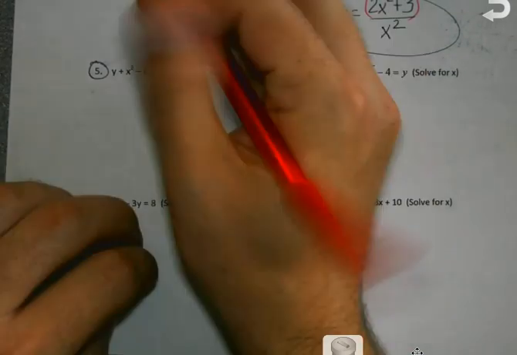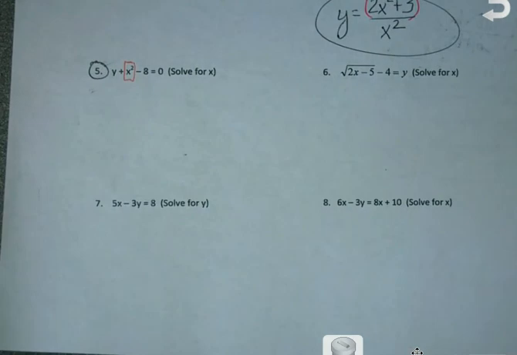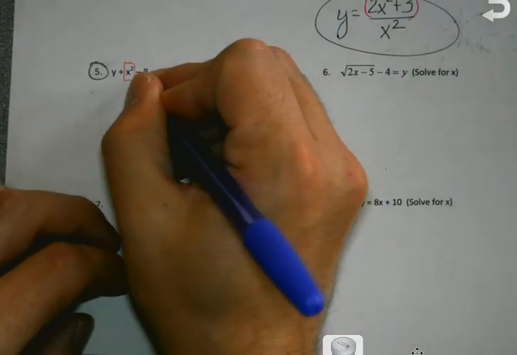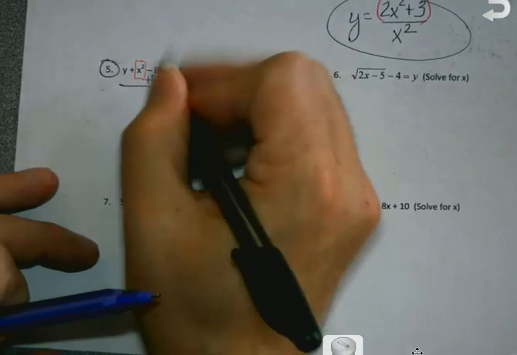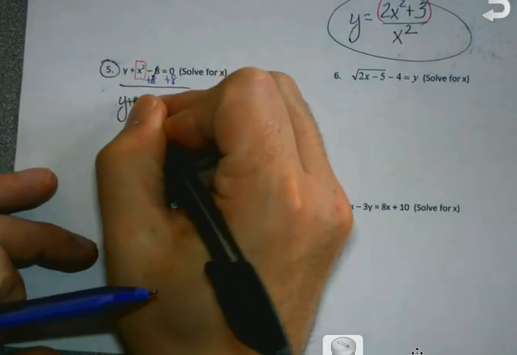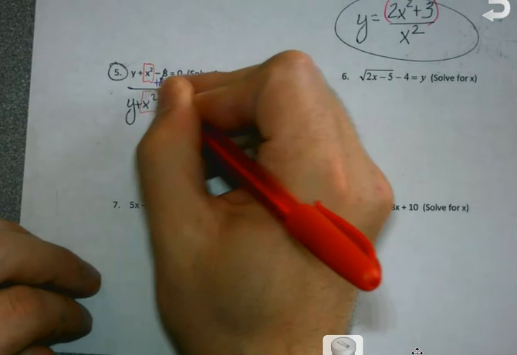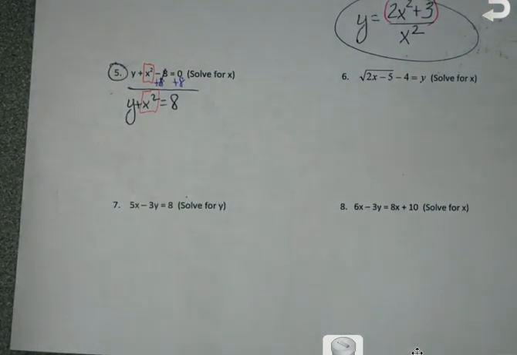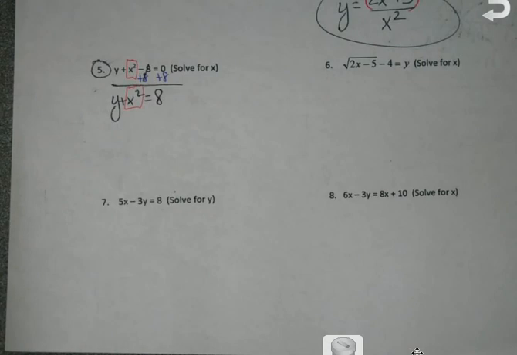Solve for x. Okay. I need to get x squared alone first, I guess. What could I do? Okay, I could add 8 to start getting my x squared alone. All right. We're getting there.